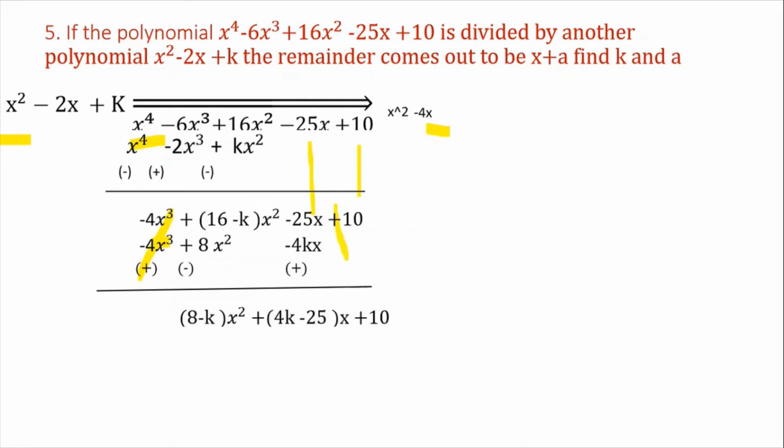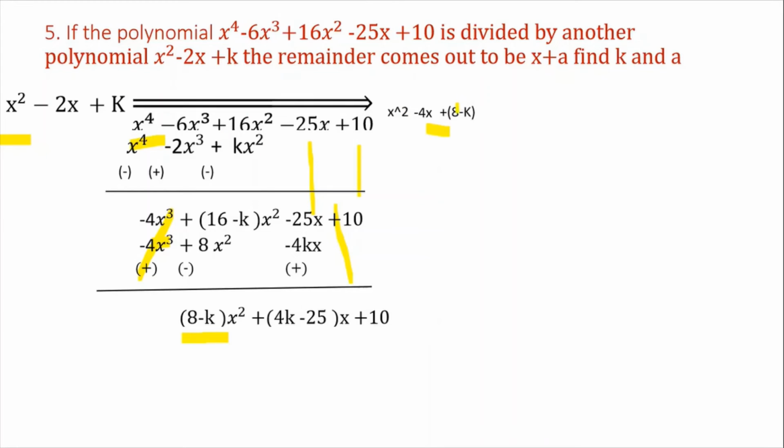plus 10. Now again we have to check what is the highest power of x term present in the divisor, that is x squared, and what is the highest power of x term present in the dividend, that is 8 minus k x squared. So to make x squared into 8 minus k x squared, I want to multiply it with plus 8 minus k as the coefficient.